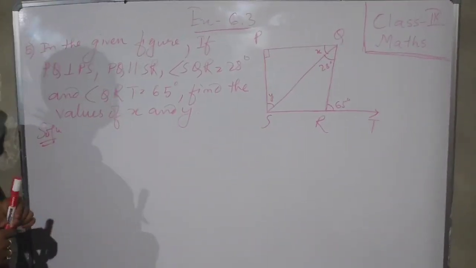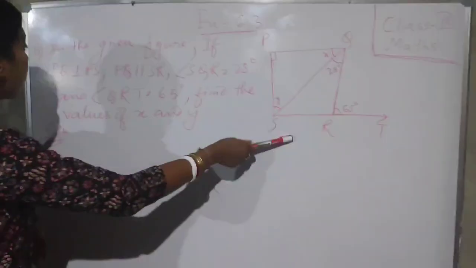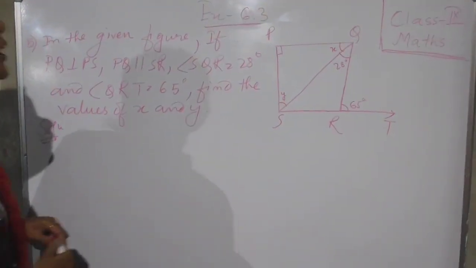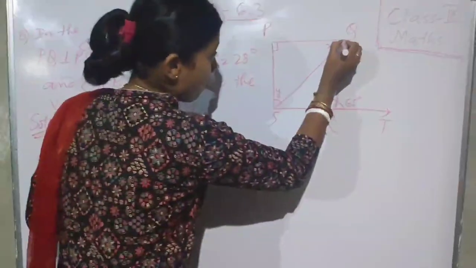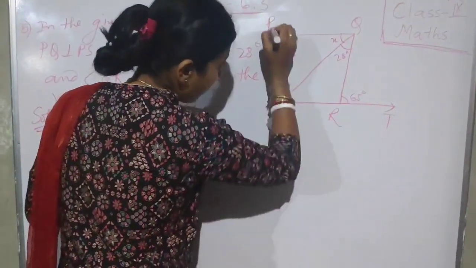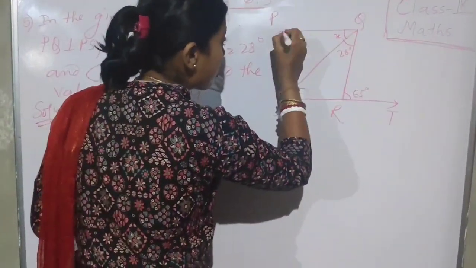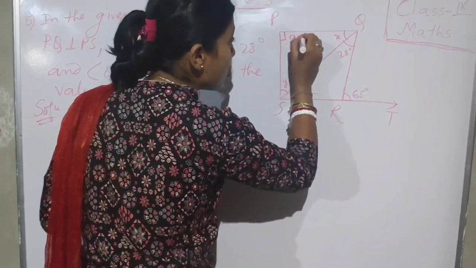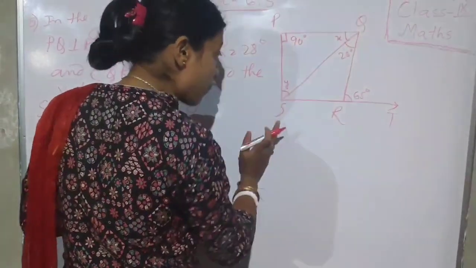Now number 5. In this given figure, we are given PQ perpendicular to PS.